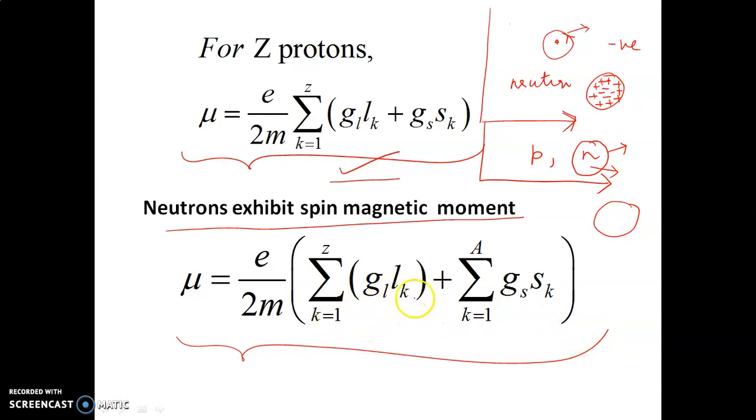This term speaks about the orbital motion, and here we have k going only from 1 to Z. But in case of spin, k goes from 1 to A, because the number of neutrons plus the number of protons gives us A. So we have a spin component for the neutrons and also the protons, and so we write the sum like this.